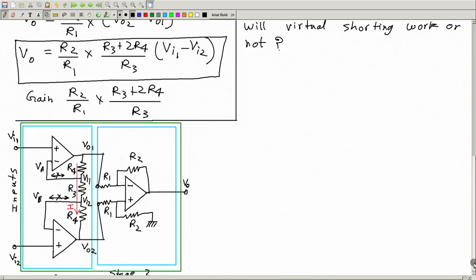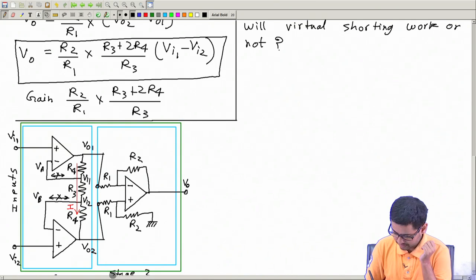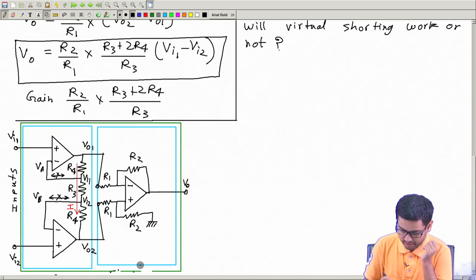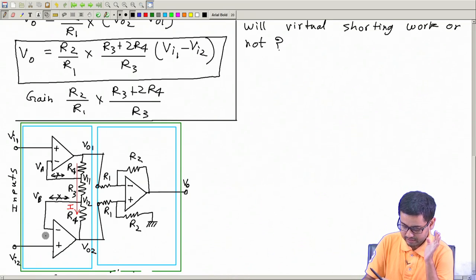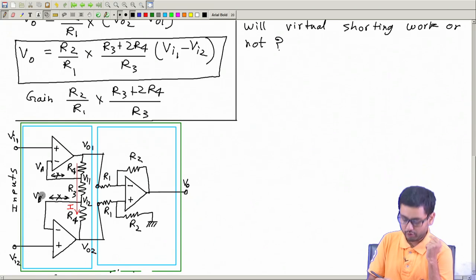Okay. So, for this, we can get rid of the second stage, because the second stage is a difference amplifier which you understand very well. The first stage is something new, where in the derivation we have assumed the virtual short without justification.